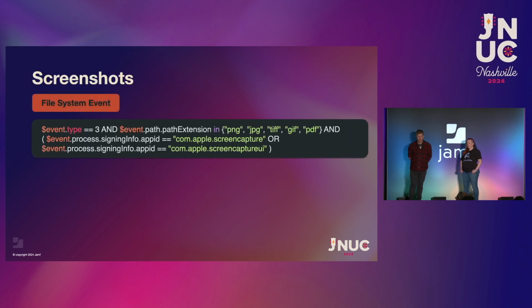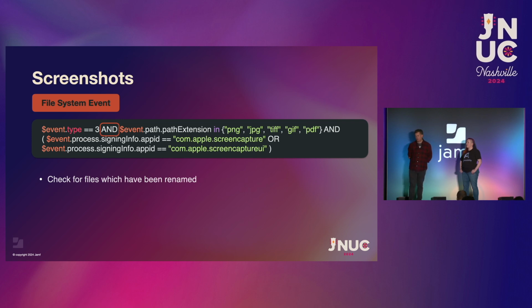Slightly longer one. This one is checking for screenshots. Okay, so maybe you're interested to know if someone's taking screenshots on the computer. So this is using a file system event. So we're monitoring for file system changes. So the first argument is using the type. The type for this one is actually checking for renamed files.